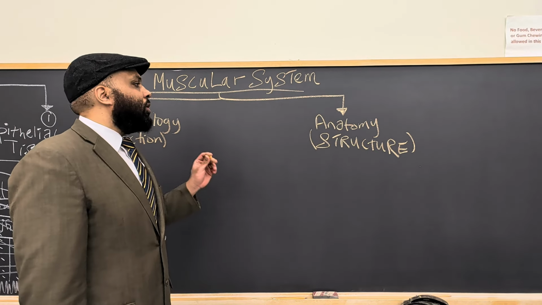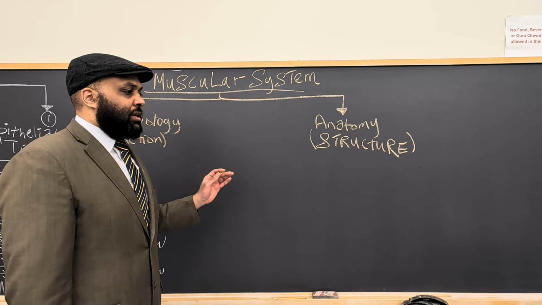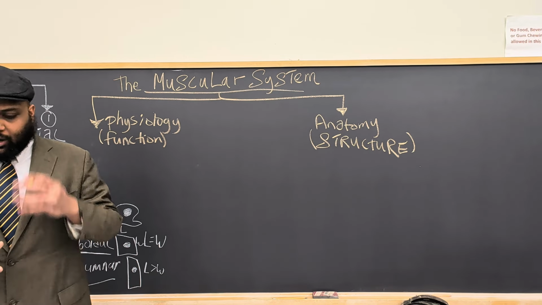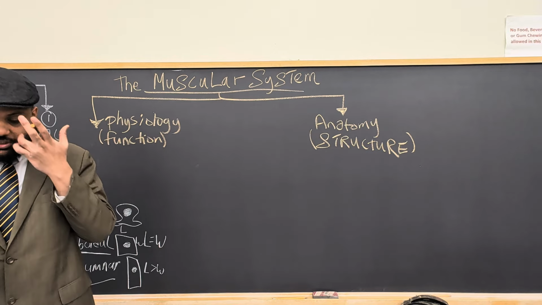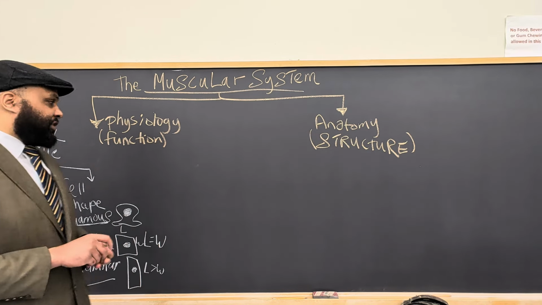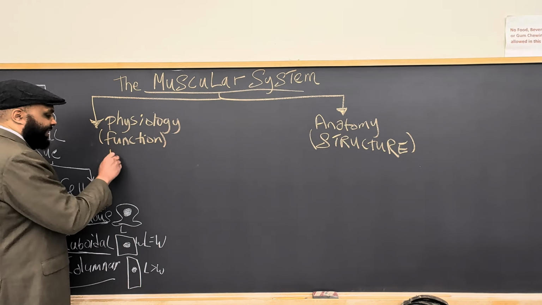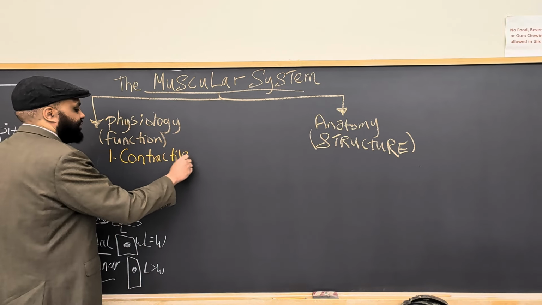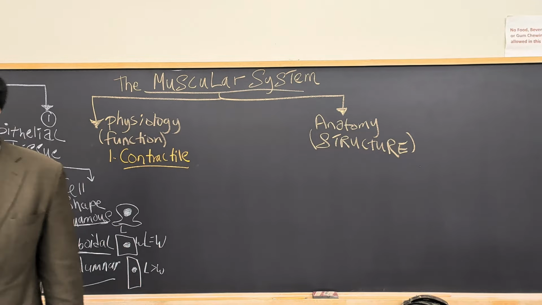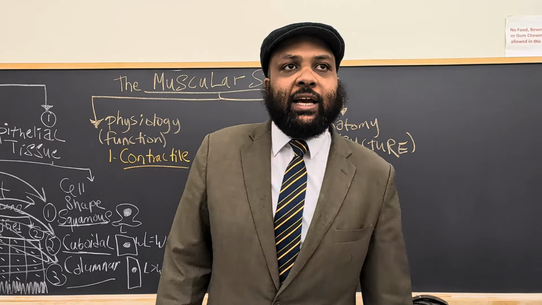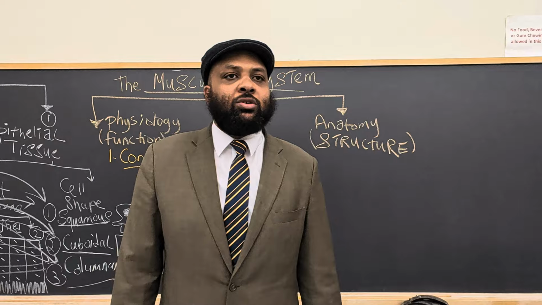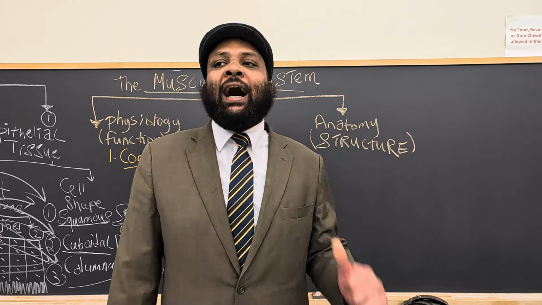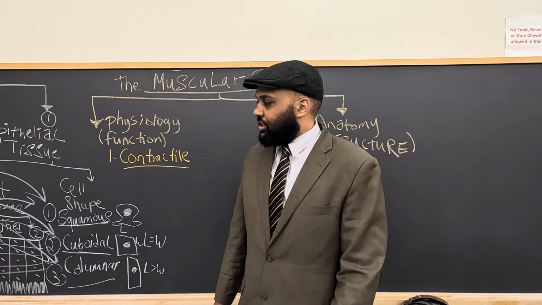Muscles will always be in very concrete units. Muscular tissue, in its physiology, is a contractile tissue. That means your muscle, no matter which muscle we're looking at, is it a skeletal muscle? Is it a smooth muscle? Is it a cardiac muscle? If it's a muscle, it's gotta contract. What is contraction?